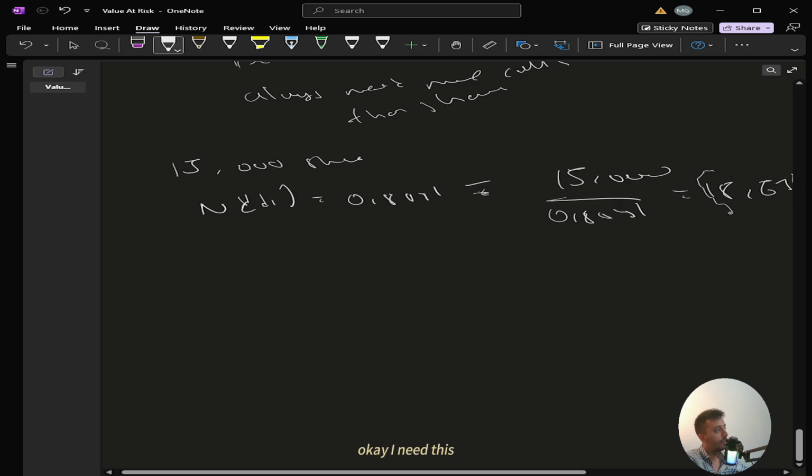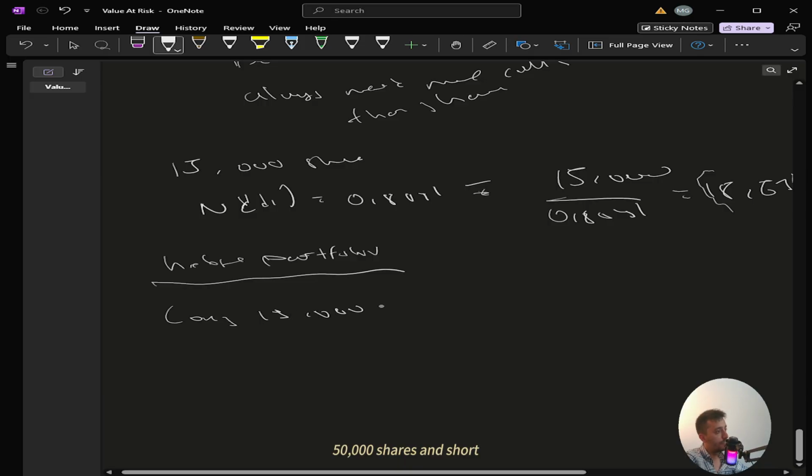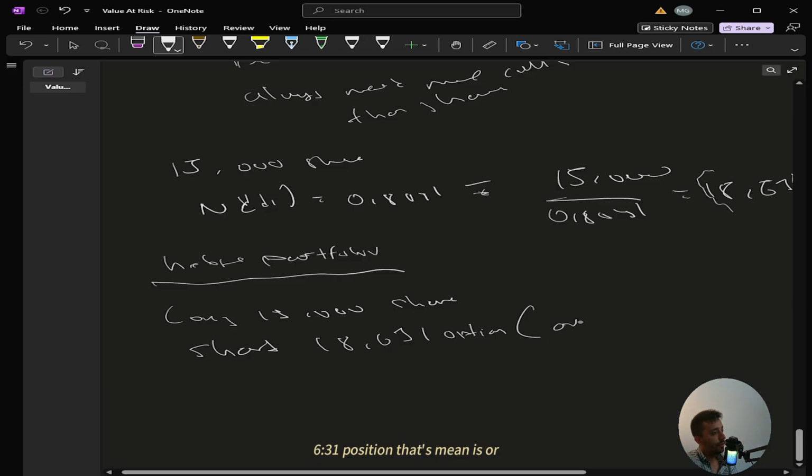What does that mean? If you want to hedge the portfolio, long 50,000 shares and short 18,631 option position. That means 186 contracts.